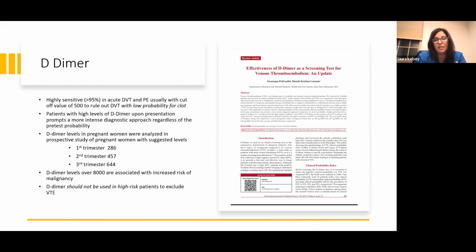So if you just test the D-dimer, a lot of folks end up getting extensive workups for clot, which is not necessary if you're not hard on that pretest probability. D-dimer levels in pregnant women have been difficult to analyze, so below are listed some of the recommended levels. And D-dimers over 8,000 have been associated with malignancy.